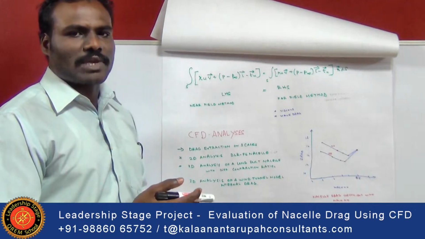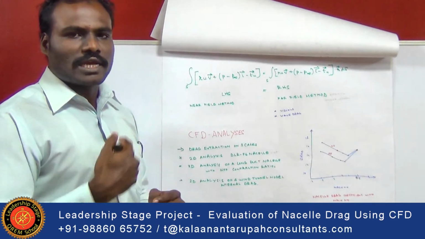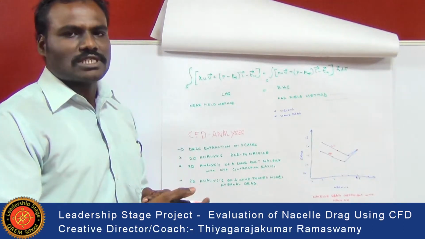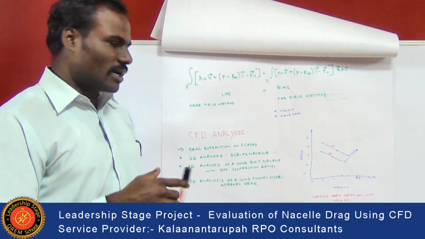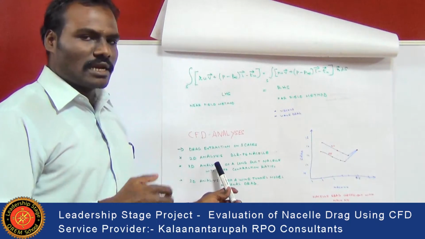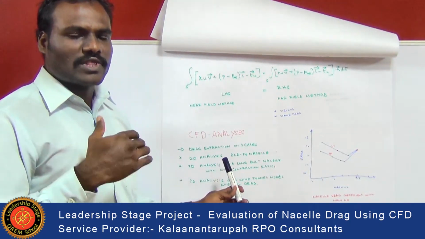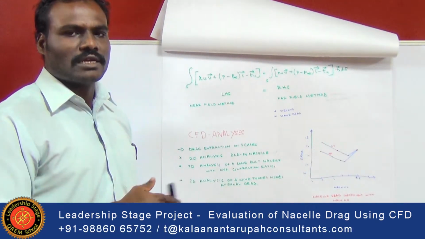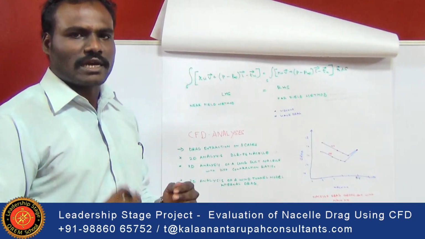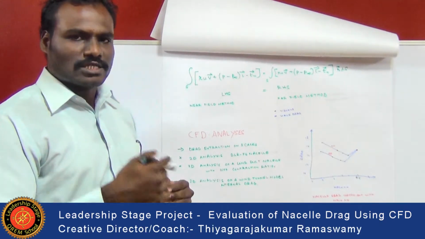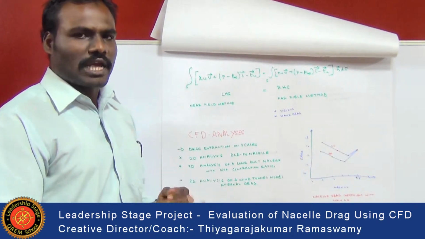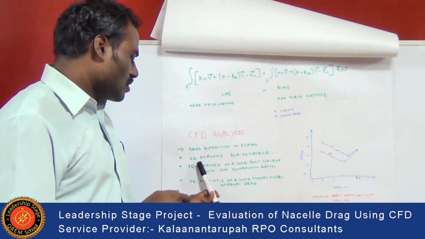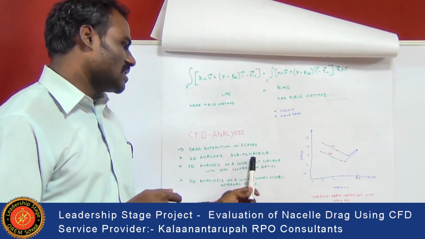Either one of the processes can be carried out: if you want the internal flow of the gas passing into the nacelle, or the flow within the nozzle, it can be calculated using the internal flow. If we need the external flow outside the nacelle, the drag can be calculated using the 2D analysis of the DLR F6 nacelle.